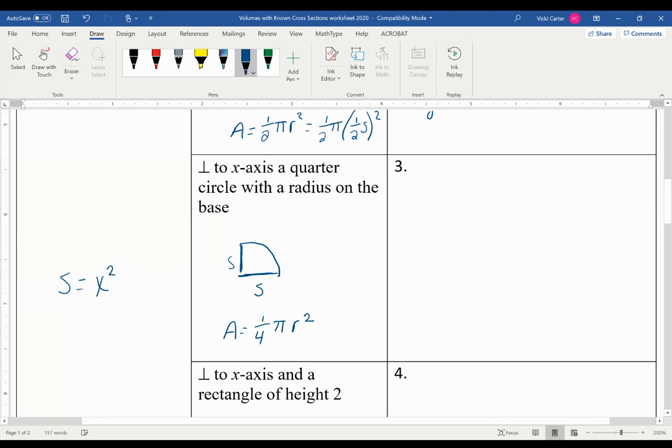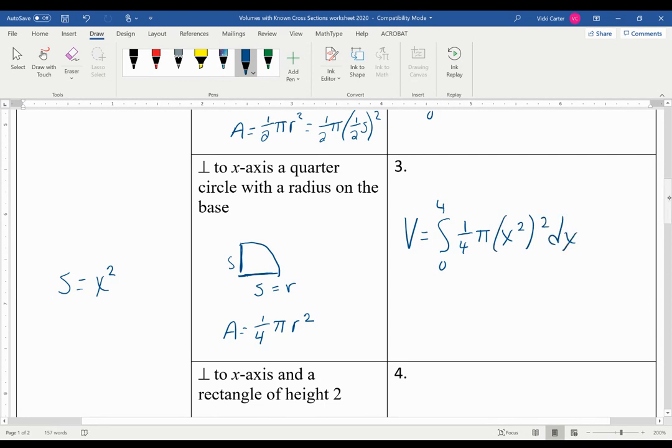That's not going to change. So that means this volume will be the integral from 0 to 4 of 1/4 pi of S squared, because S is your radius. So that's going to be x squared squared again, or x to the 4th. However you want to write it will be fine.